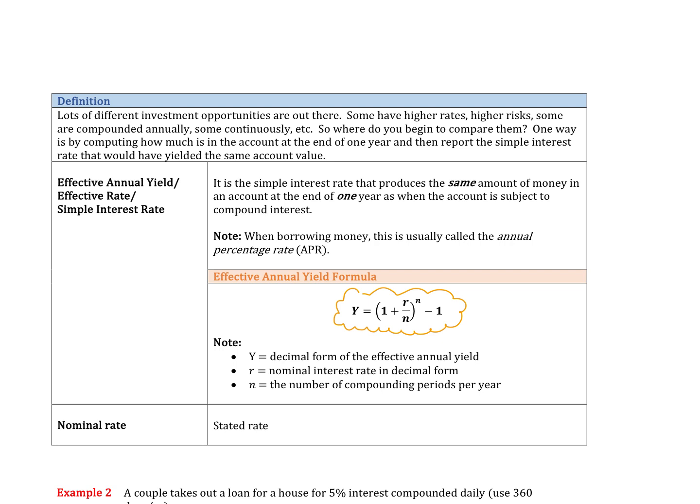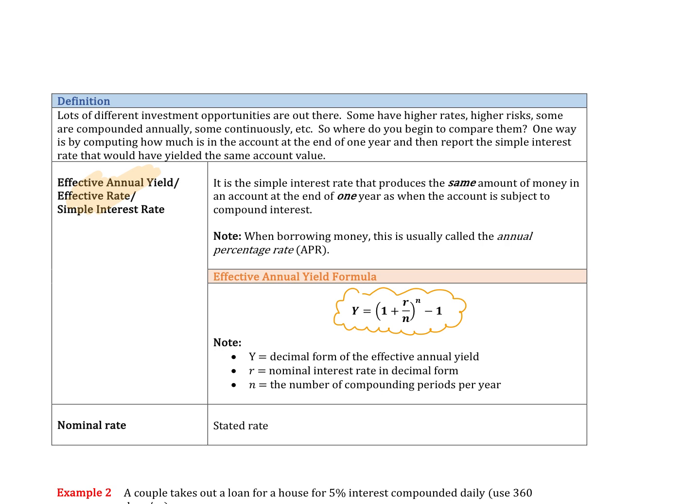Okay, so one way we can do this is we can compute how much is in the account at the end of 1 year and report the simple interest rate that would have yielded the same account value. So we're talking about something called effective annual yield.